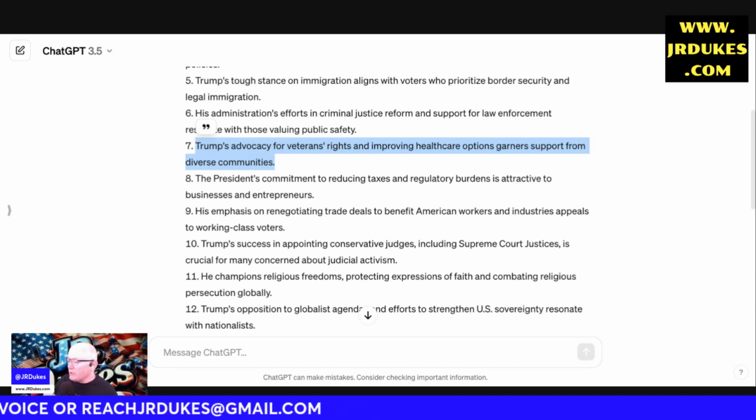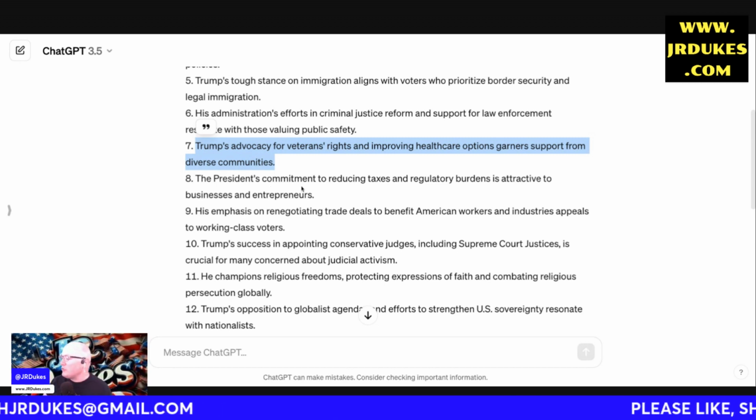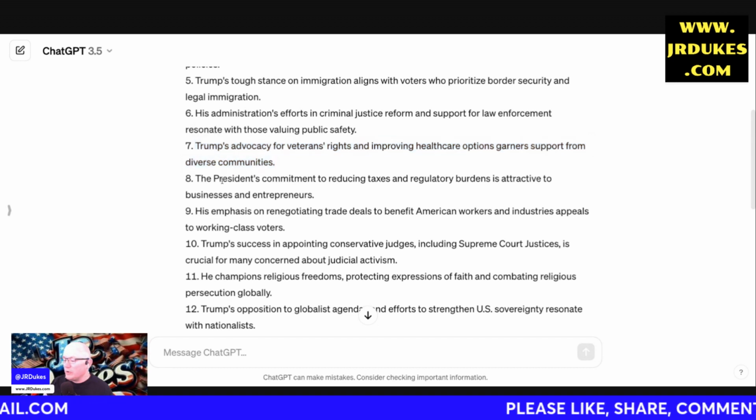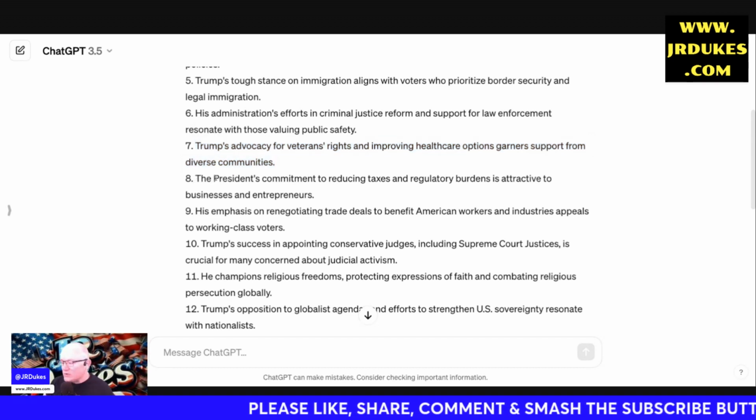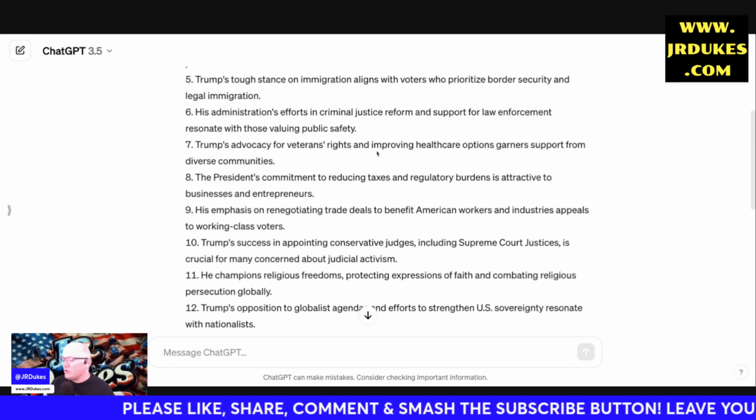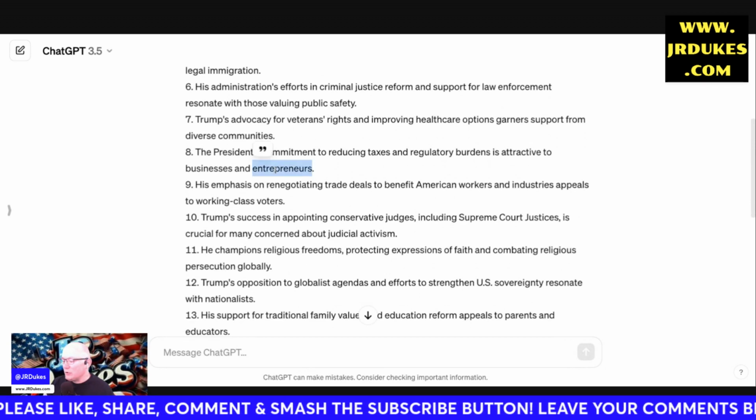Number 7, Trump's advocacy for veteran rights and improving healthcare options garners support from diverse communities. 8, the president's commitment to reducing taxes and regulatory burdens is attractive to businesses and entrepreneurs.